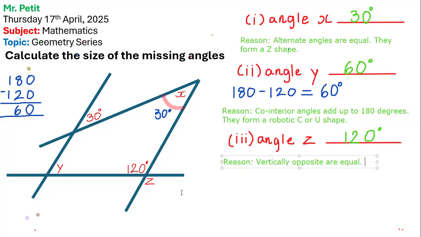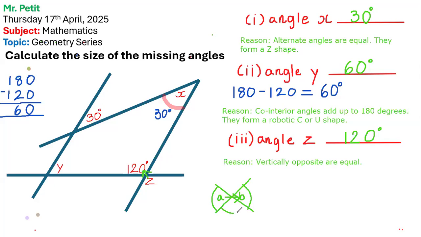All right, so angle Z is 120 degrees. The reason is that Z is 120 because they are vertically opposite. Please understand that for vertically opposite angles, they go like this. So if this is A, this will be B. A and B are vertically opposite to each other.